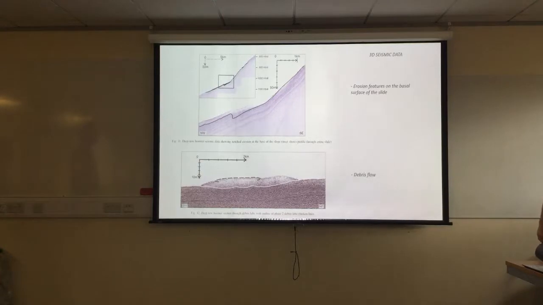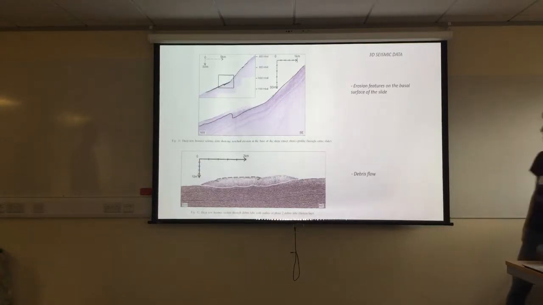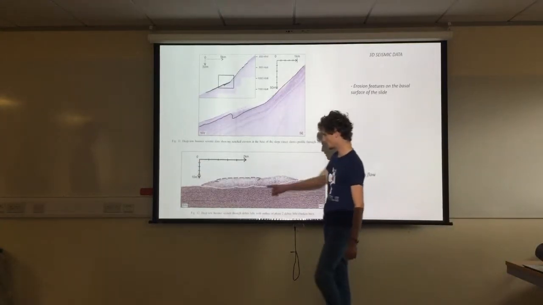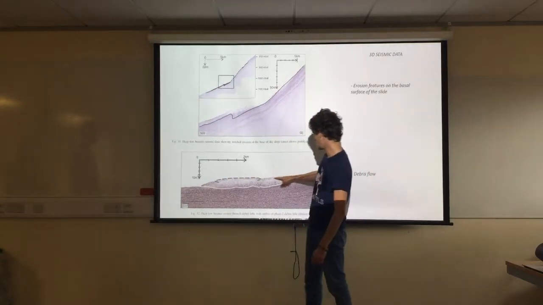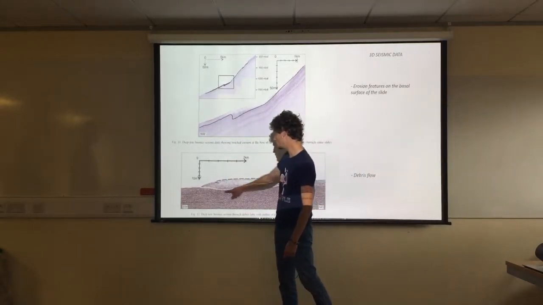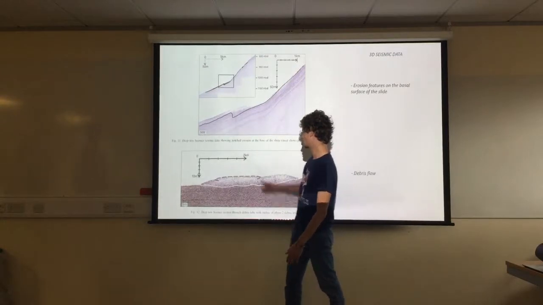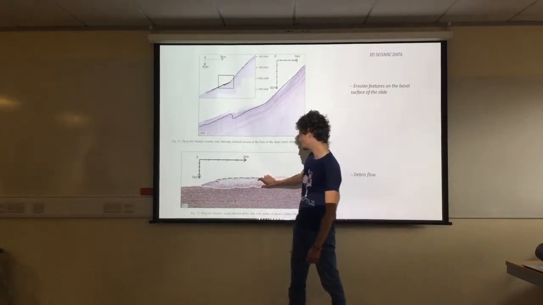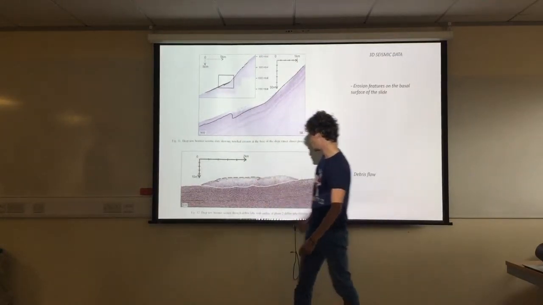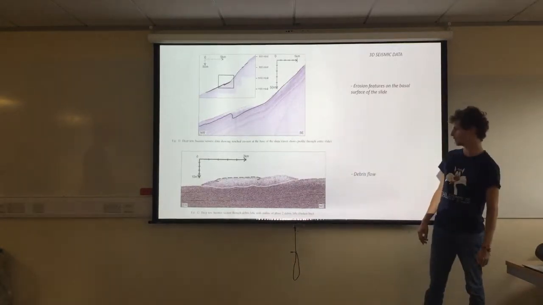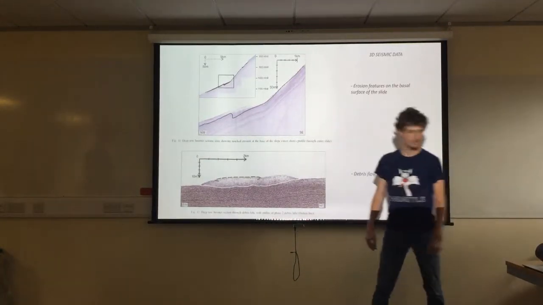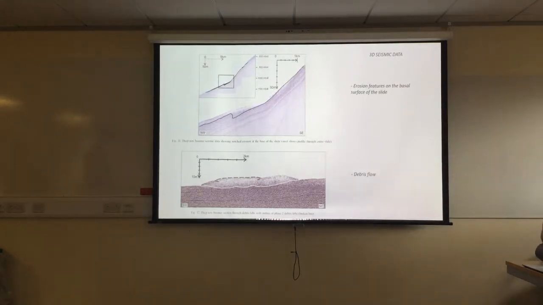And as well, debris flow here. So here's some debris, a small lobe, not 2 kilometers wide, but maybe 5 meters of height. So yes, we can identify some different features.